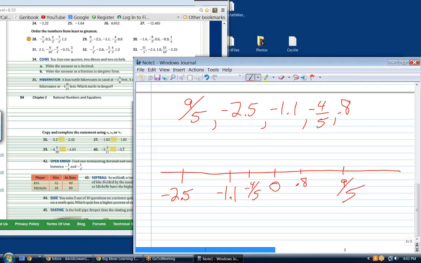I just put where everything was. The grid really isn't important. It's knowing that negative 2.5 is smaller than negative 1.1. That's the real key. So once you know that, these problems become pretty easy.